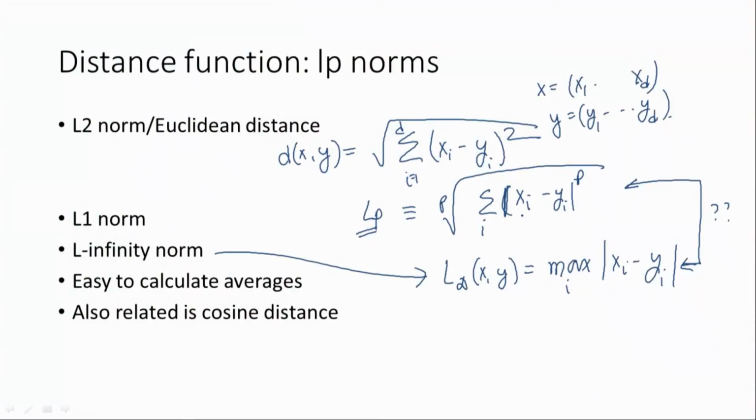That's a very good point. So let's say that the infinity happens at the first position, that xi minus yi, that difference is maximum at the first position. So what do I need to do? I really need to take the limit p tends to infinity. That's what I really want to do.